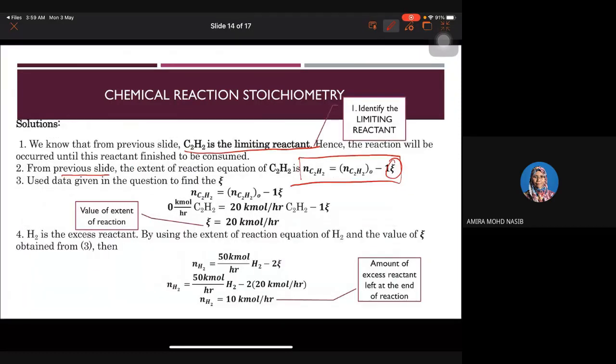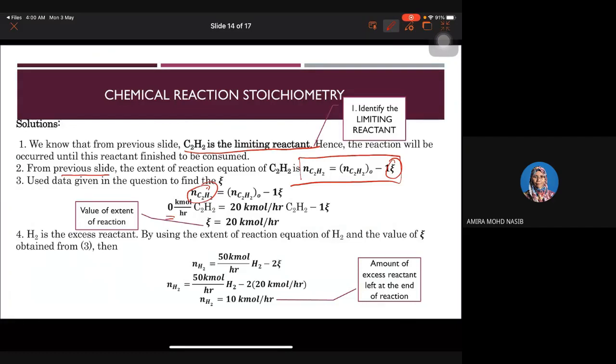Alright, so we substitute: number of moles of C2H2 equals number of moles of C2H2 at the beginning minus 1 E. Since it is consumed until it is finished to produce your product, at the end your reactant should be 0 for C2H2.